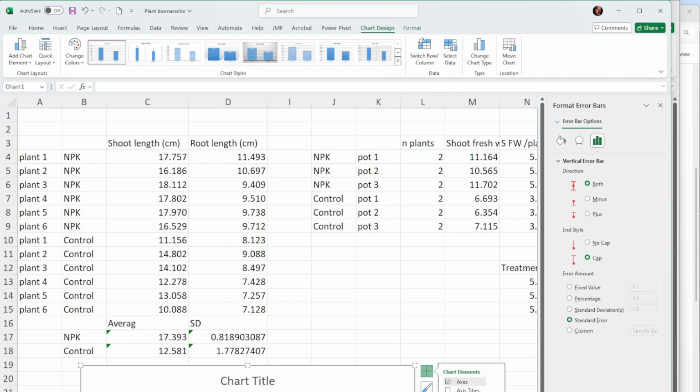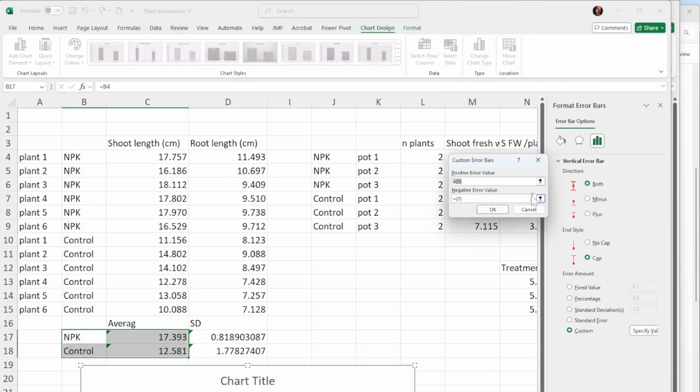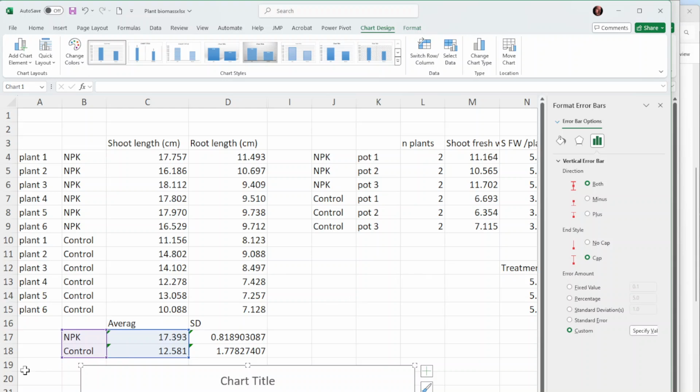That is going to appear on the right. Select custom, specify value, and select the standard deviation from this one. Say OK, and the error bars are reflecting your real standard deviation on the chart.